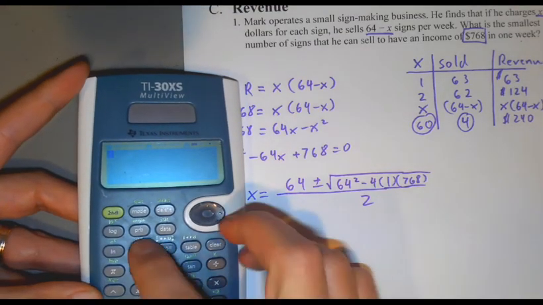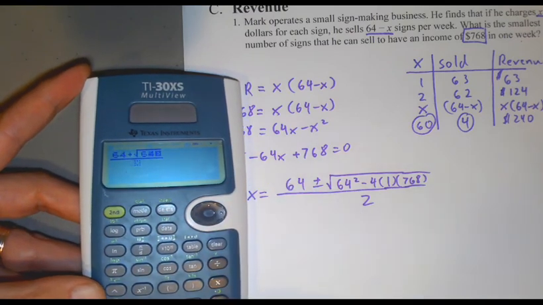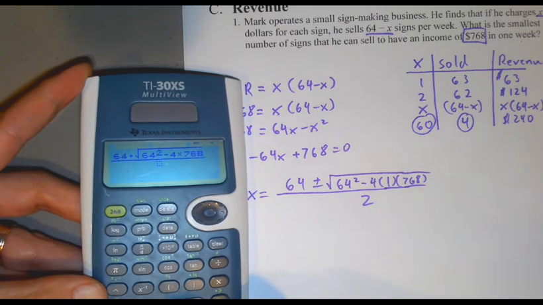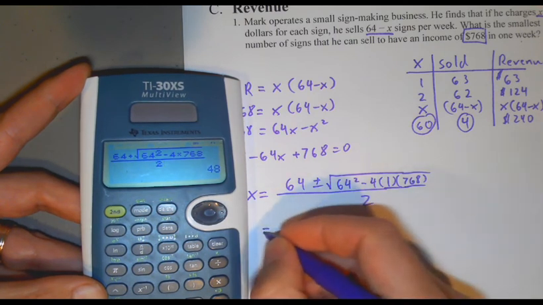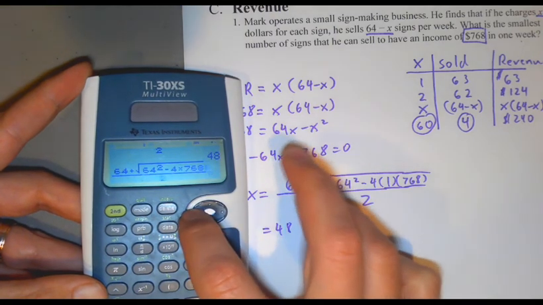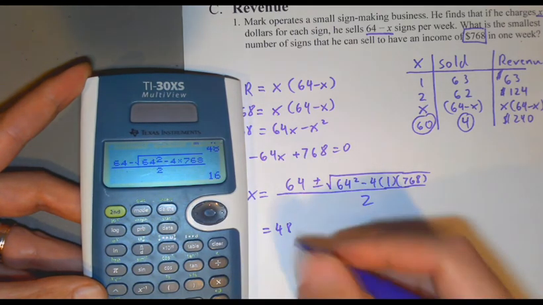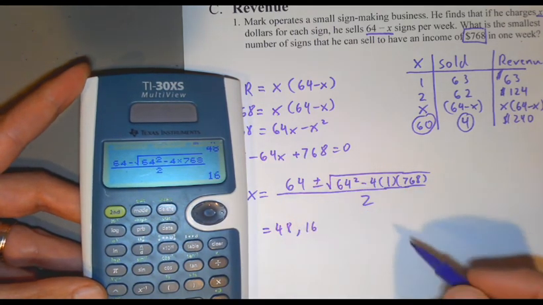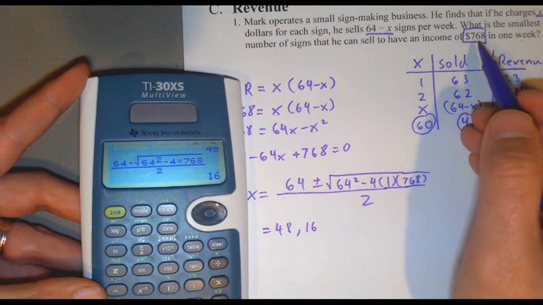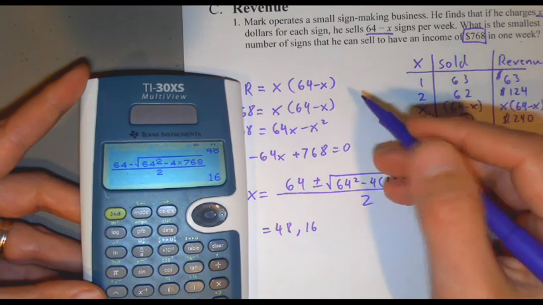So if we make a fraction, 64 plus square root of 64 squared minus 4 times 1 times 768 all over 2, I get 48. If I used a minus up there, I'd get 16.